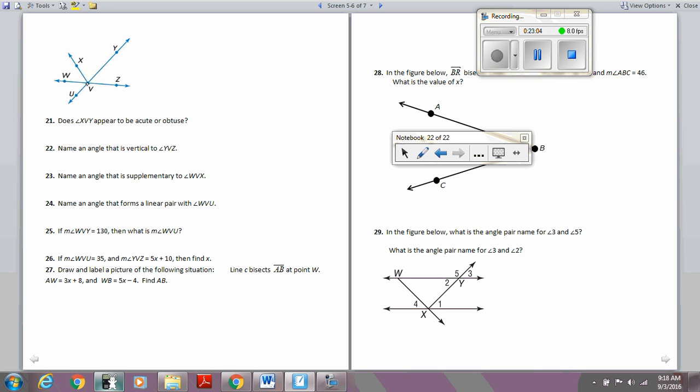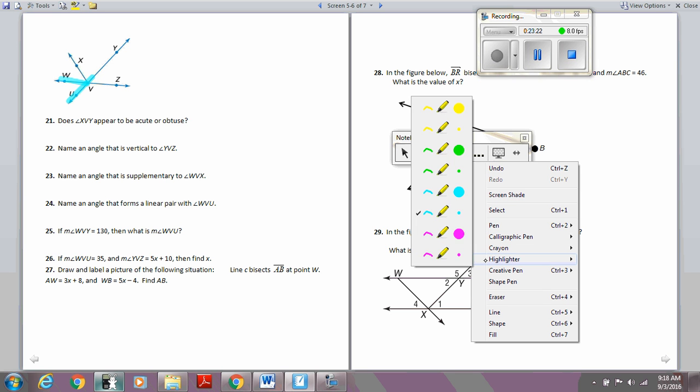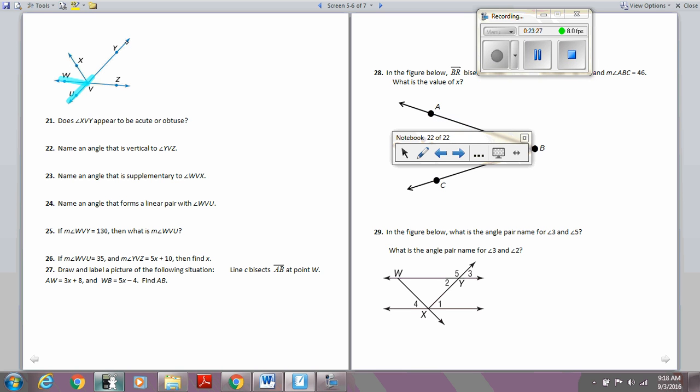So again, you probably want to trace it. Angle WVU. It's this angle here. And we need to highlight YVZ.